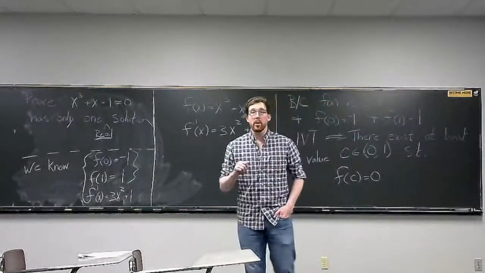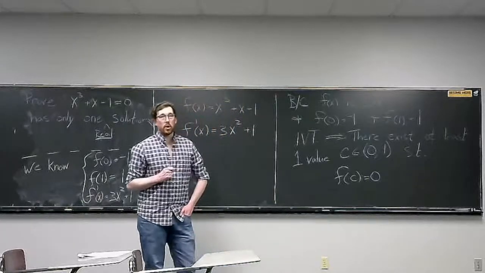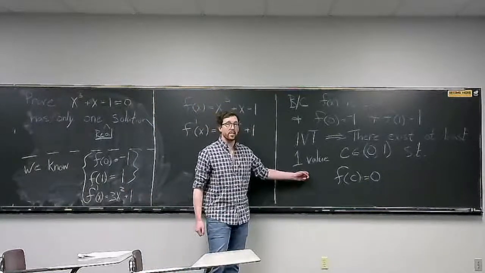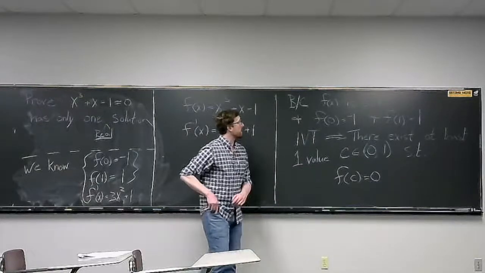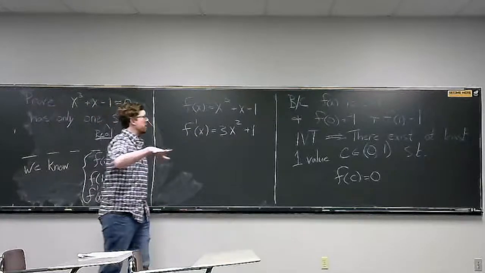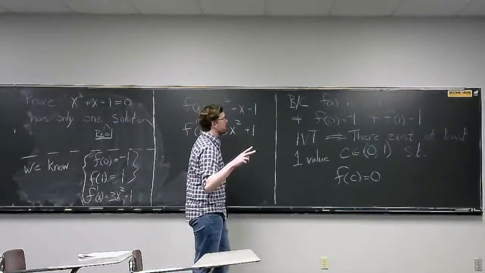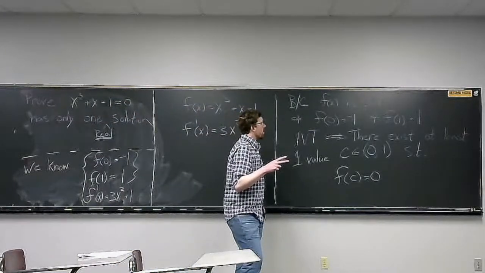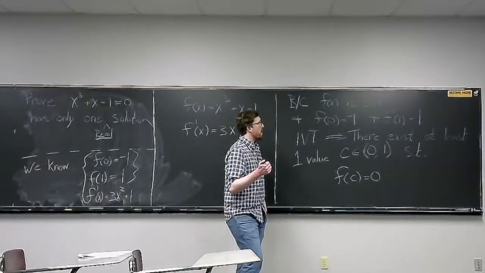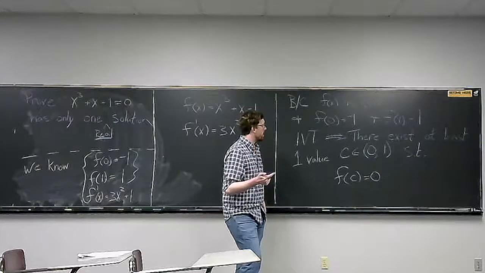Now we need to prove that there's only one. So we've proven that at least one exists. And we did that because we observed, one, this thing's a polynomial, so it's always continuous. And two, our function at 0 is equal to negative 1, and our function at 1 is equal to 1.